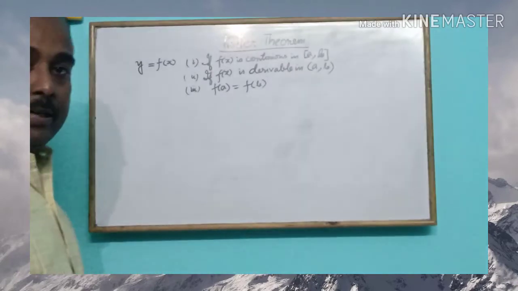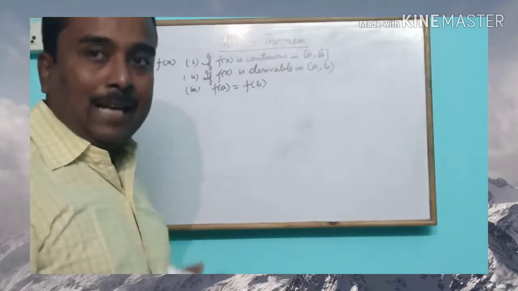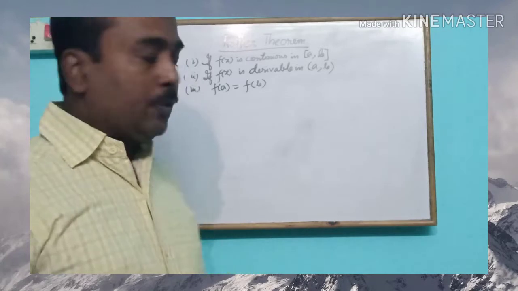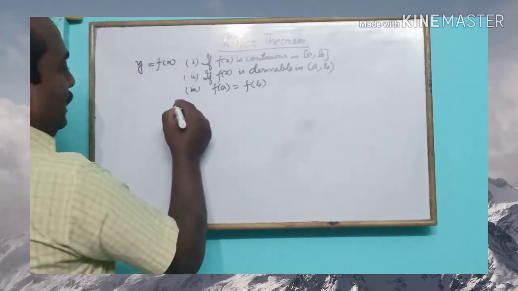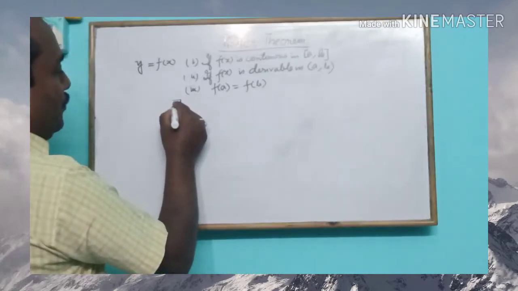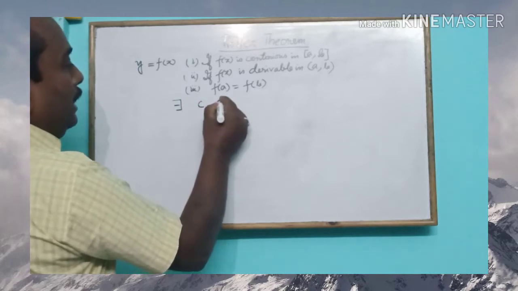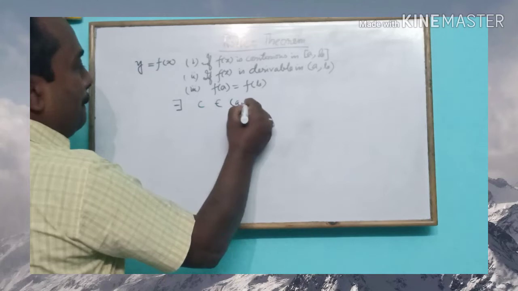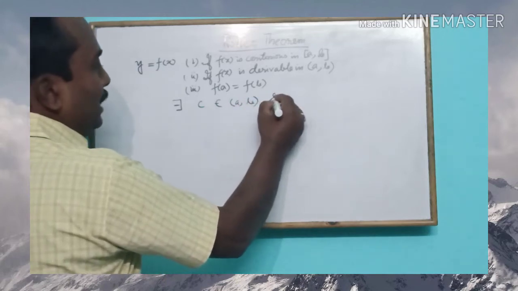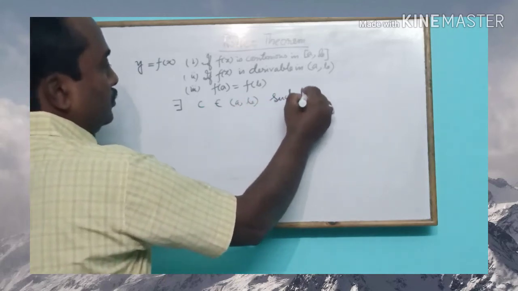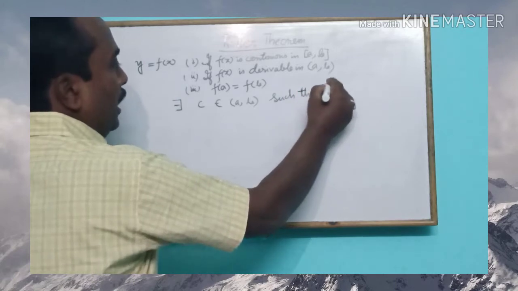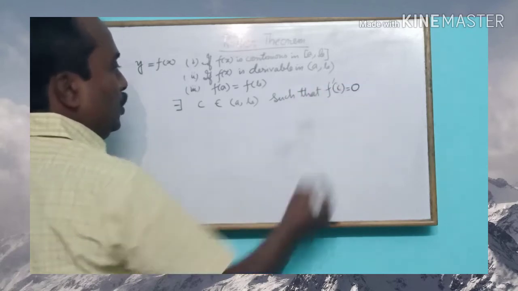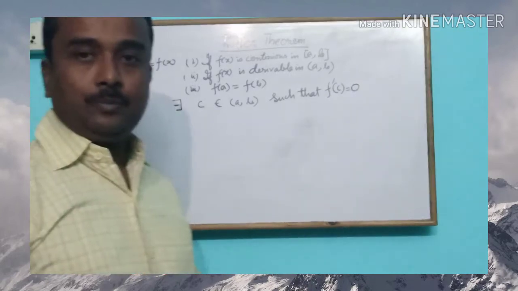If these three conditions are satisfied, then what can we conclude? We can conclude that there exists c in the open interval AB such that f dash c equal to 0.